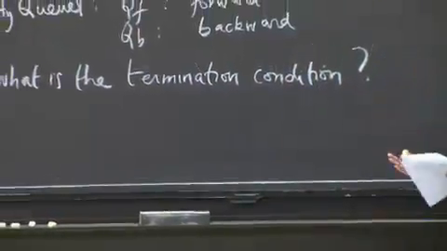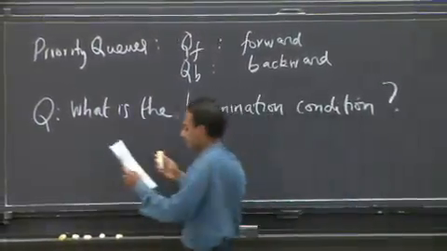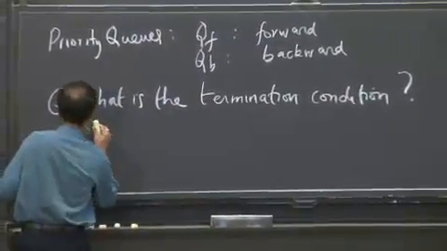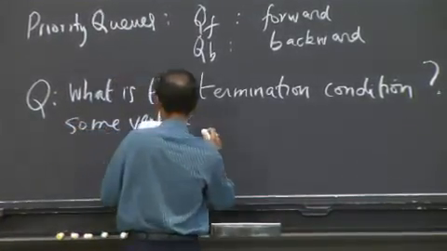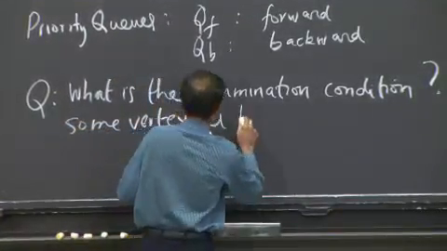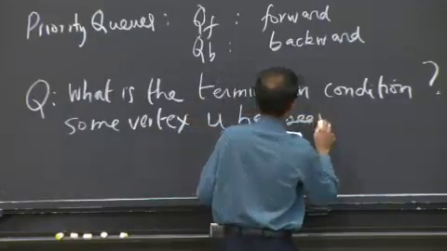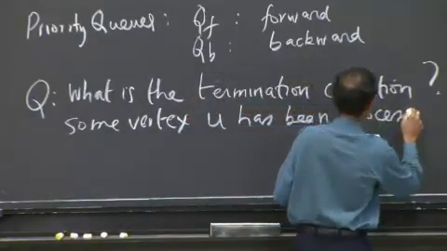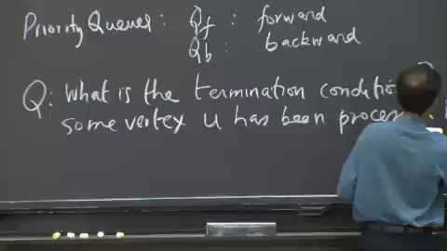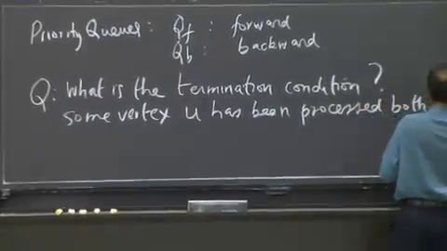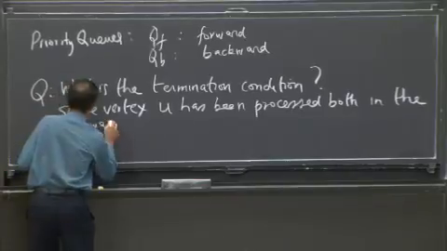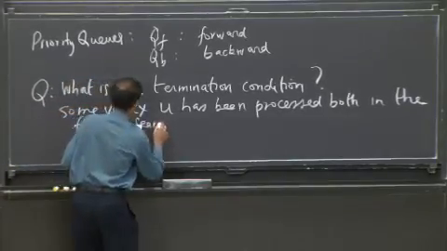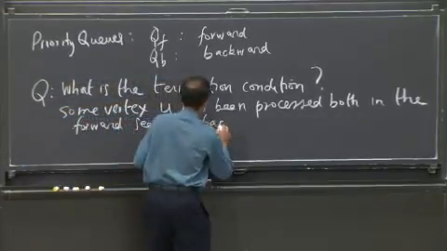So the termination condition is that some vertex U has been processed both in the forward search and the backward search.